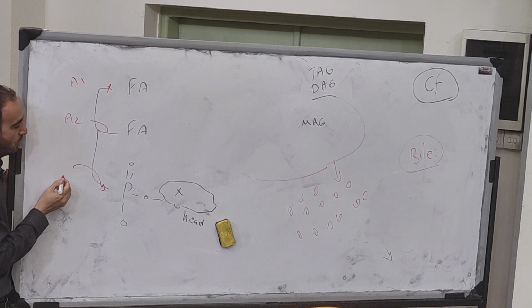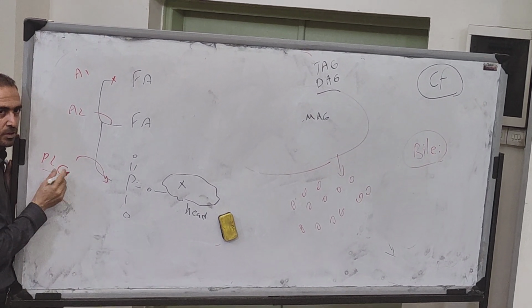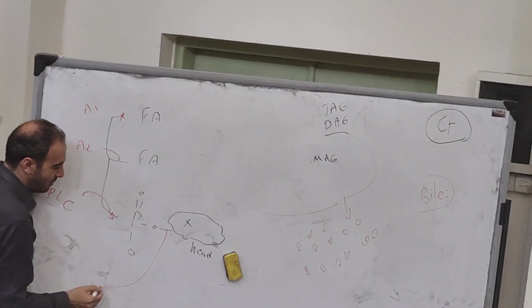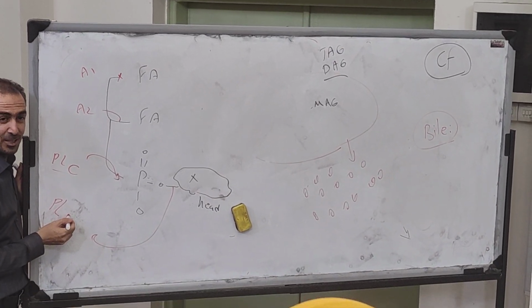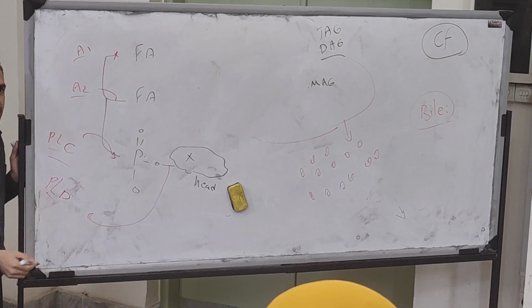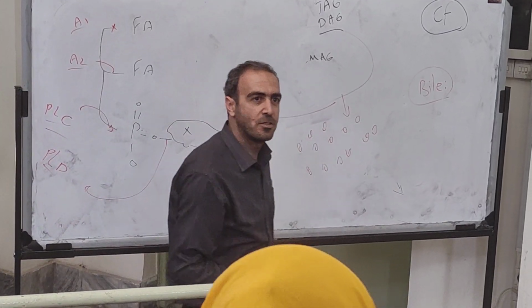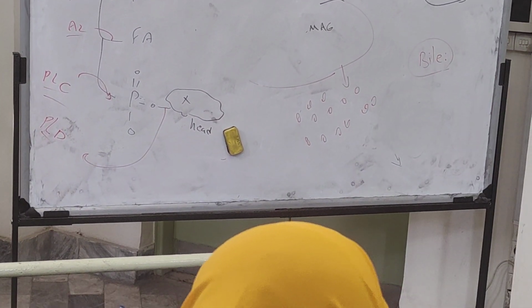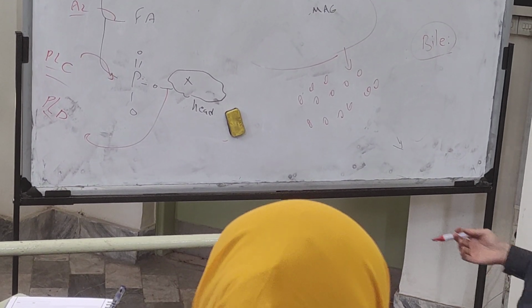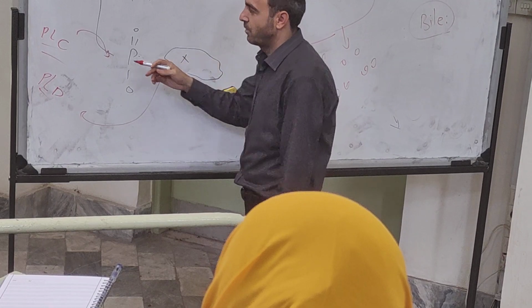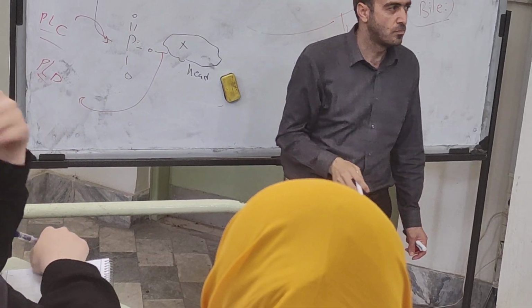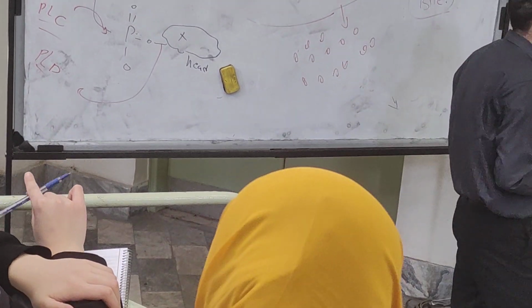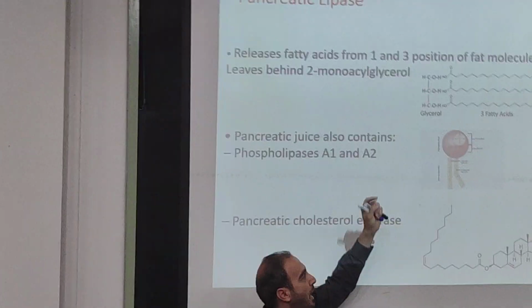And also phospholipase type C, and phospholipase D. It was part of lipid structure, and when I talked about icosanoids, they are produced by which one? Phospholipase H. Okay.